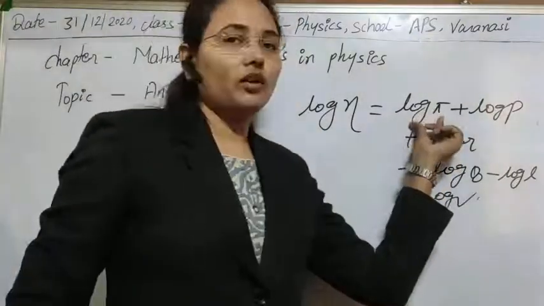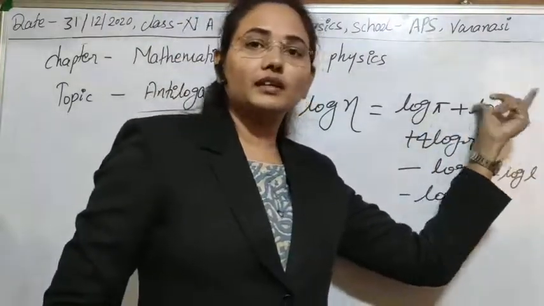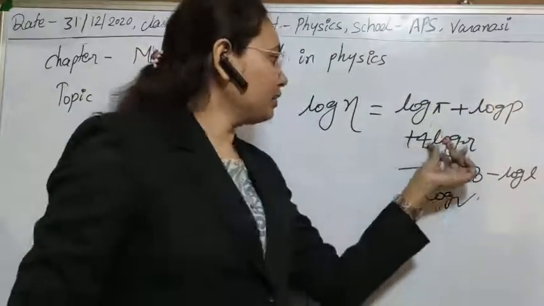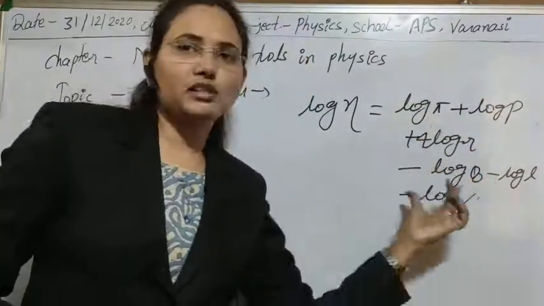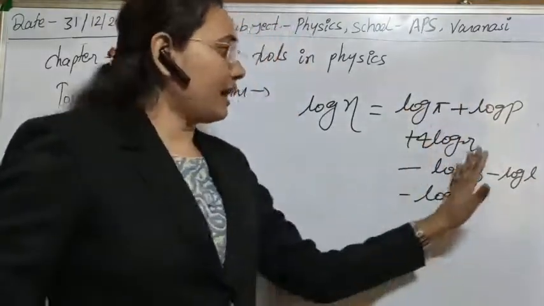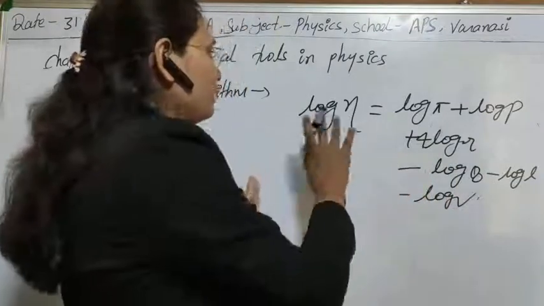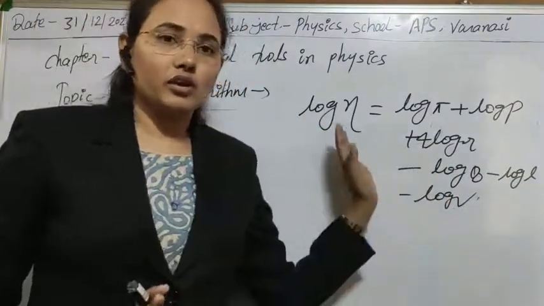Put the value of log 3.14 here, put the value of P here, and after that take the log from the log table. Put the value of r here, take the log from the log table. You just have to see the log table, and this is a very easy thing to do. After that, just add and subtract all the things, and you will see the value of log eta.